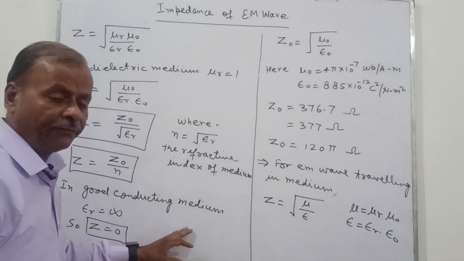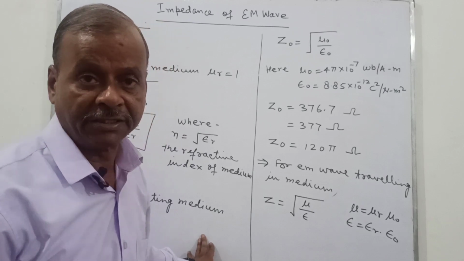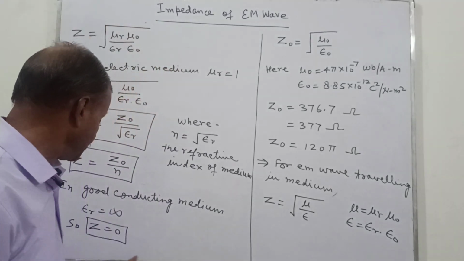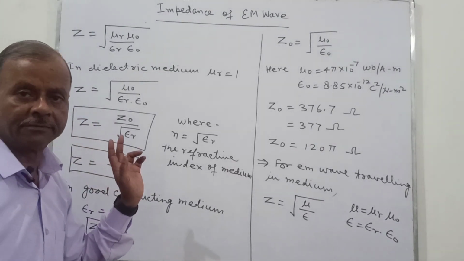It means that no impedance is offered by the conducting medium when the electromagnetic wave travels in it. So Z equals 0.